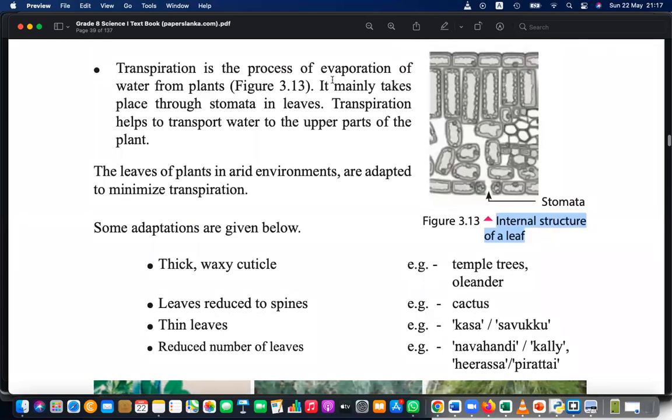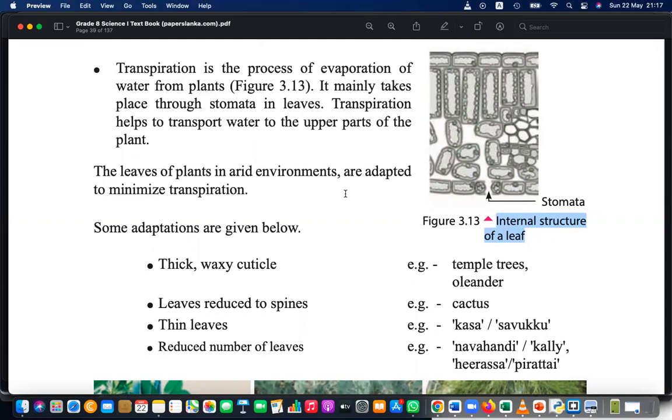The rest will anyway transpire. It has to move. But the thing is, depending on the environment, the plant needs to be adapted, or adjusted according to the environment. Otherwise it will dry and die.